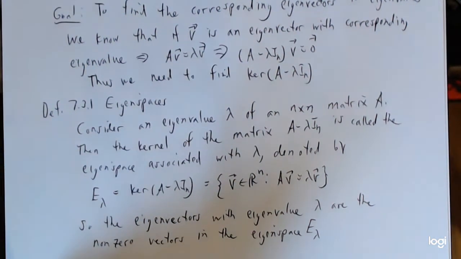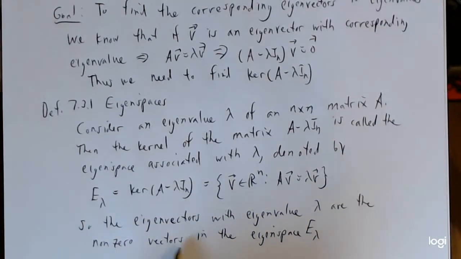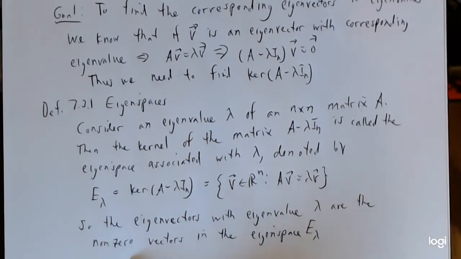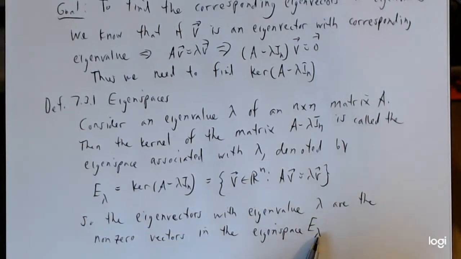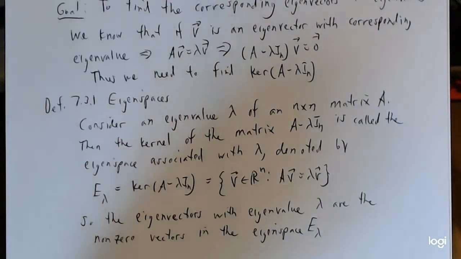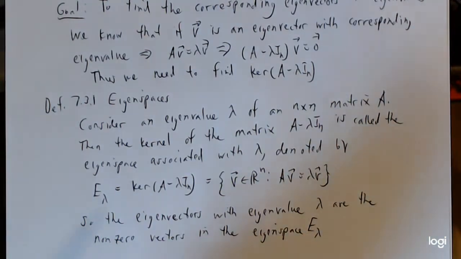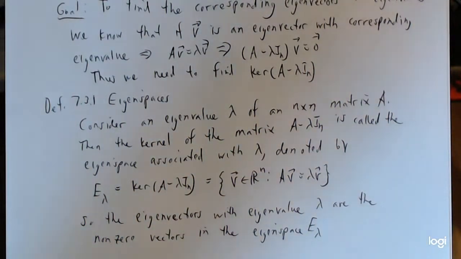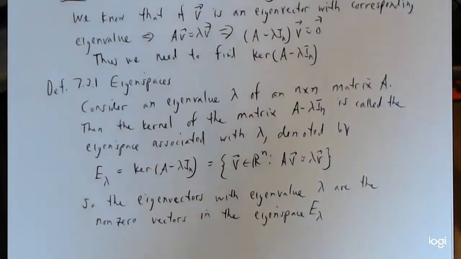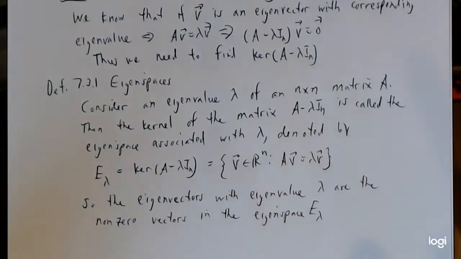So we're going to go after the eigenvectors for each lambda, and these are the vectors in each eigenspace E sub lambda. Once we find all of our eigenvalues and eigenspaces, then we'll get into the eigenbasis, but let's not go into that just yet. Let's go after finding our eigenvectors for each eigenvalue, in other words, finding the eigenspaces.